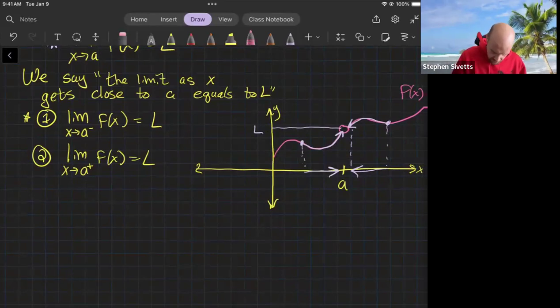There's also what is called the epsilon delta definition of a limit. You don't have to write this down, and it goes like this.